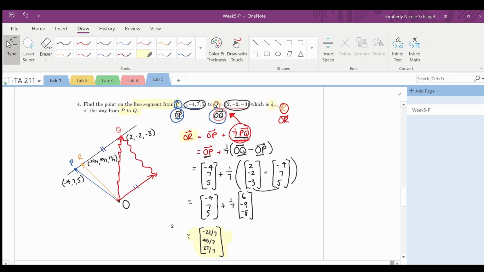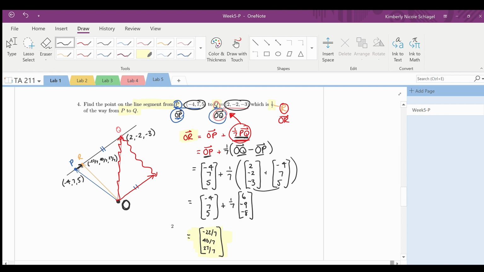So I definitely recommend doing a couple of these of the same type, where it asks you 1/7 of the way. So I'll just quickly recap what the main points are. Okay, so we have a line segment and we have 2 points on the line. Okay, we need to find a point that's 1/7 of the way between those guys. So we always know that we start with the origin.